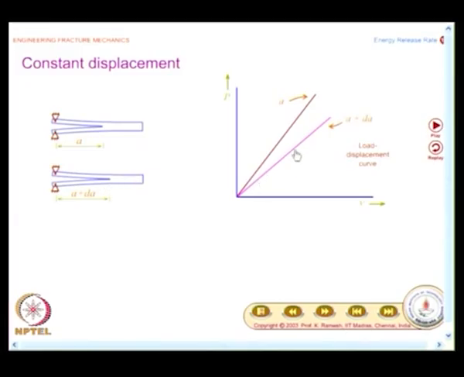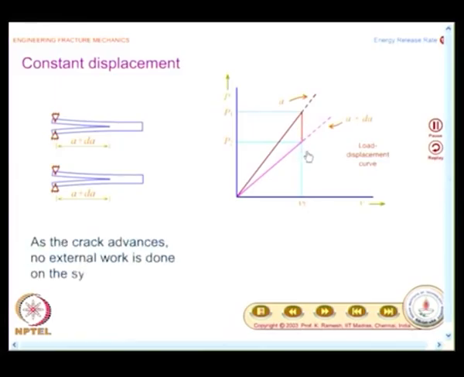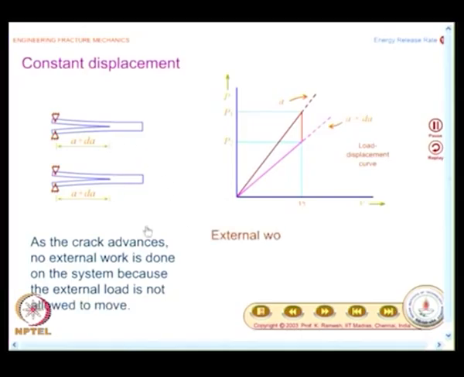So, you have the line corresponding to A plus delta A below the case for the crack length A. And watch the animation, the crack advances under constant displacement, and you find the work done by the external load is 0 because the points do not move.